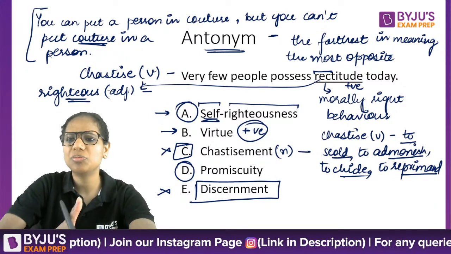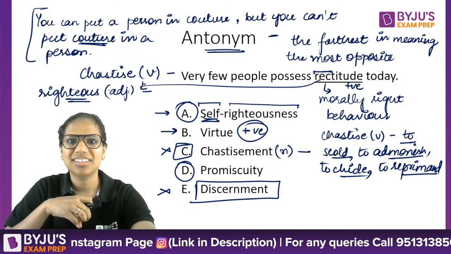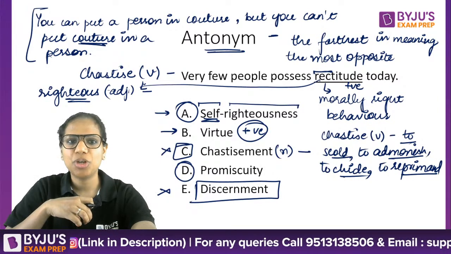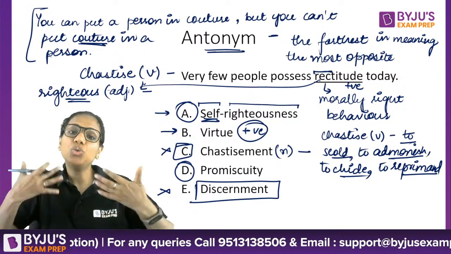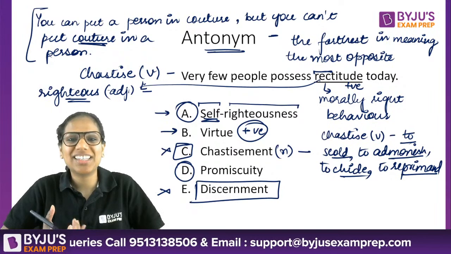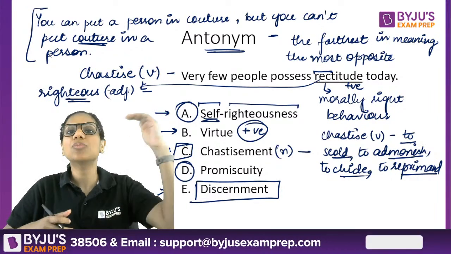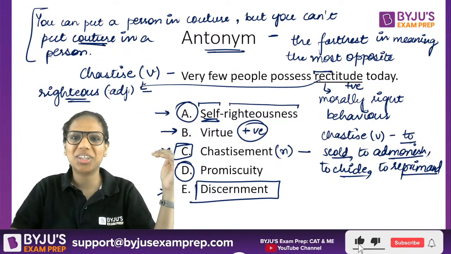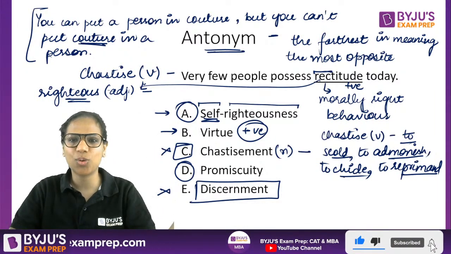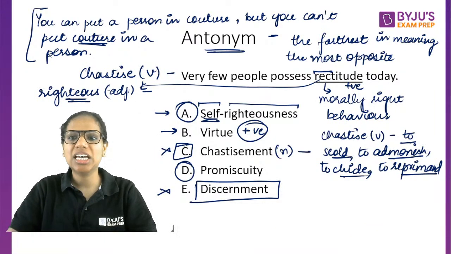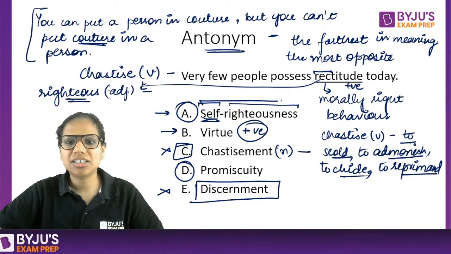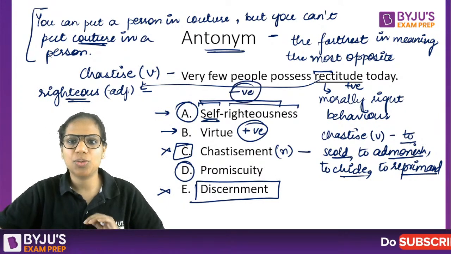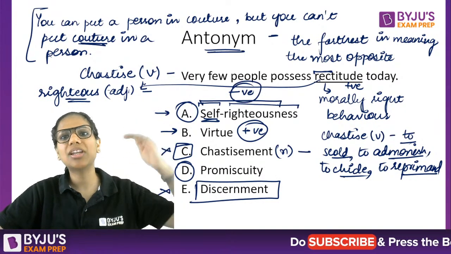Why does it become negative? Because you think that you are superior to other people. There are these people who think that they are morally superior to all the others around them. They are ethically superior, others are not. Such people are self-righteous, right? So that is what makes it a negative term. These people have a sense of one-upmanship.